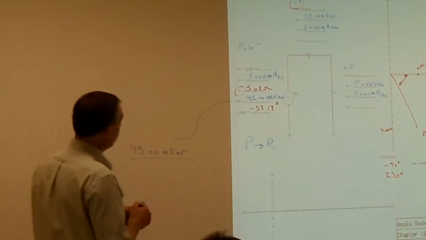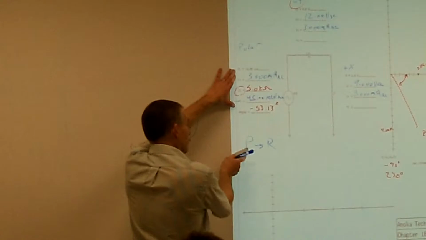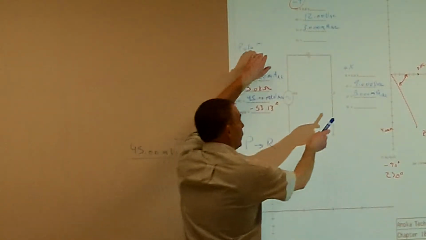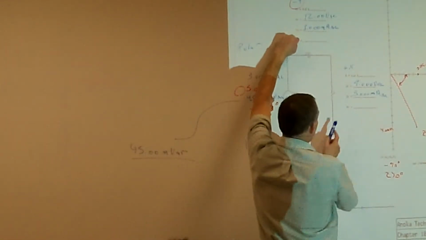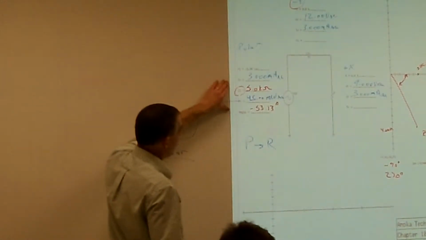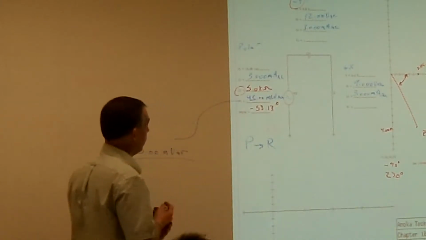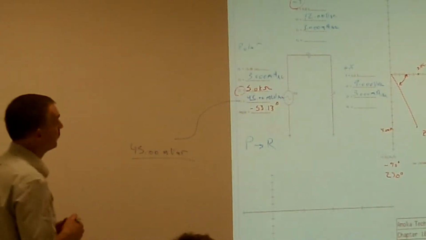Alright, so once we get our total power, we can use our polar to rectangular function again, and figure out our power across our resistor and our power of our capacitor. So this time you're going to use the 45 millivars, and then use an angle, again, of negative 53.13 degrees.